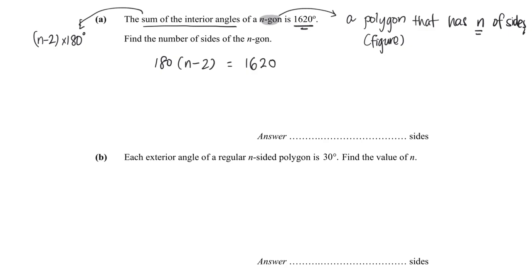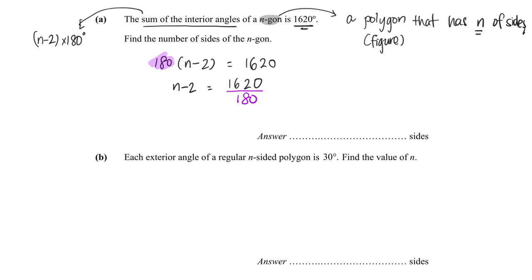I'm going to tap on my algebraic skills to help us solve this, okay? So n minus 2 will be equal to, what do you think we should do to the 180? Yep, we are going to divide by 180 on both sides.